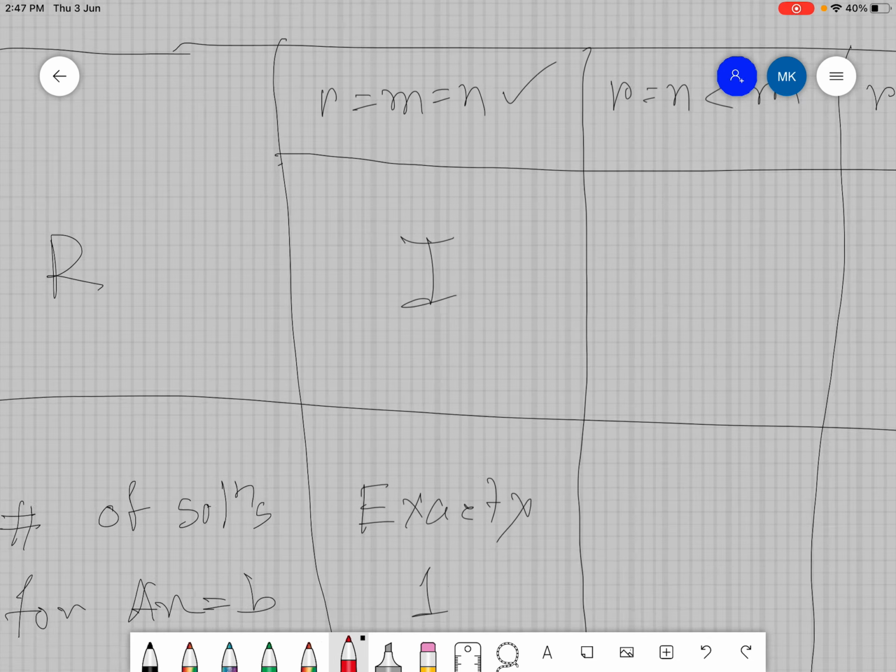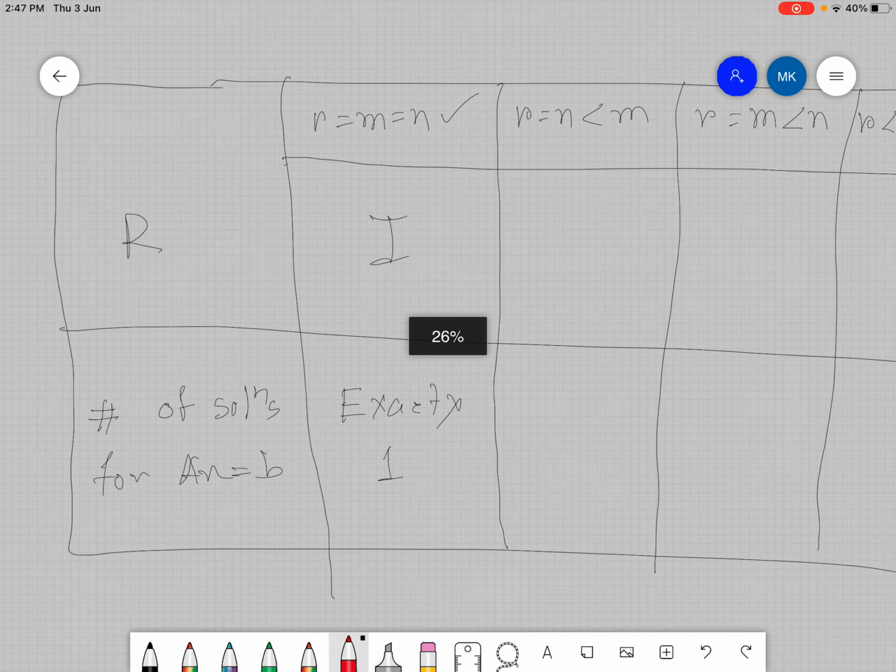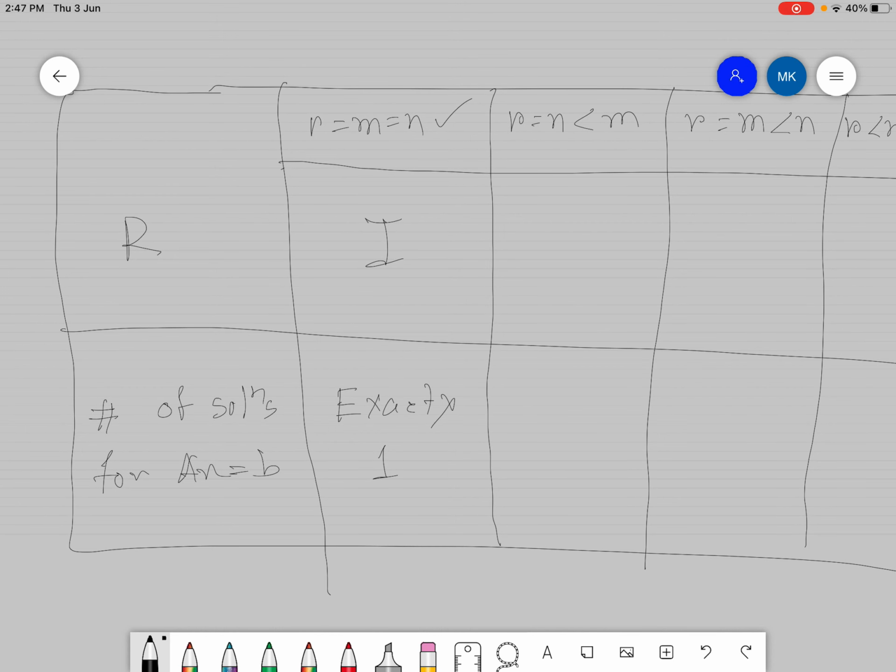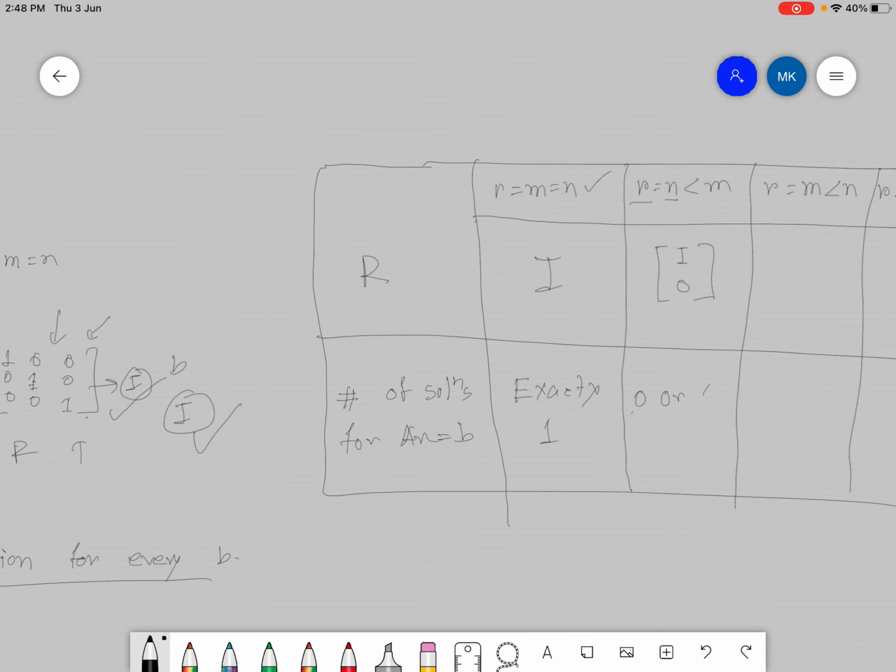So if the rank is the same as the number of columns, then it will have this structure, and there might be 0 or 1 solution.